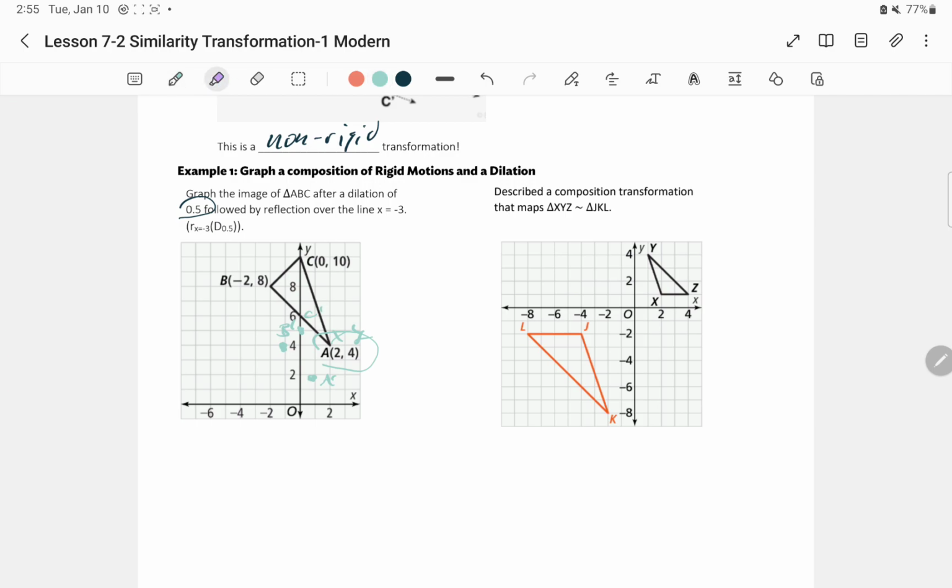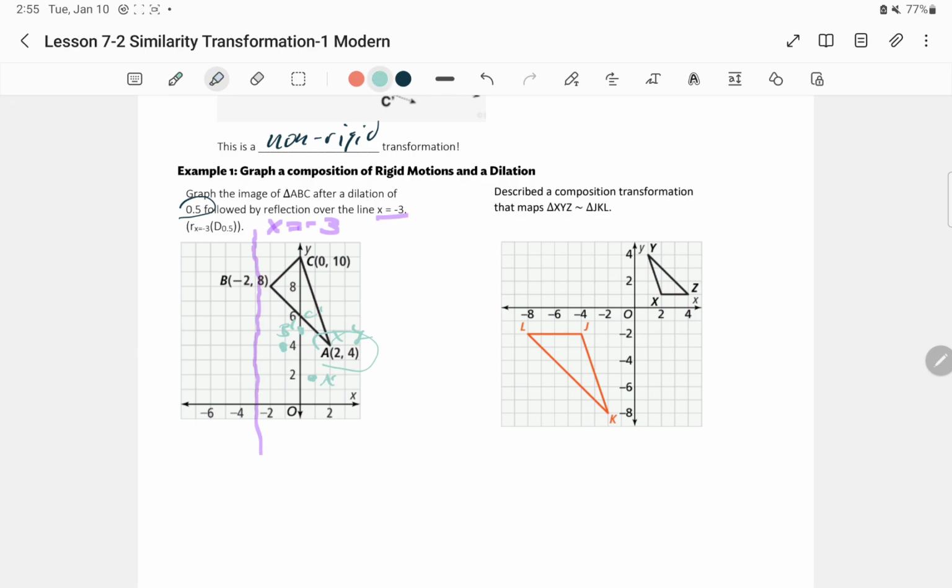And the second part of this question asks us to reflect it over the line x equals -3. Hopefully we recall that x equals a constant is actually a vertical line because all values of x, in this case, are -3. So let's draw in that line of reflection right there.